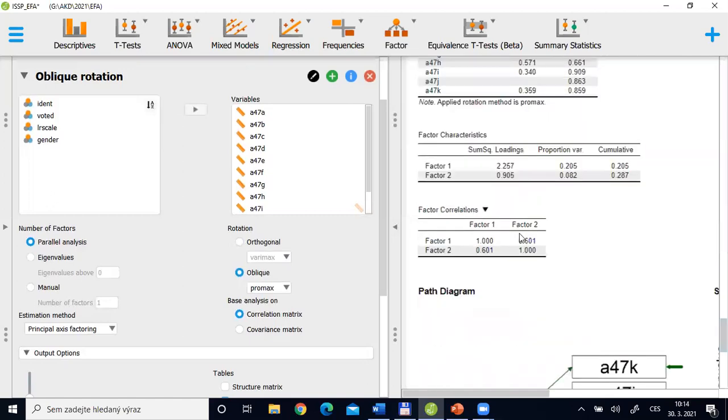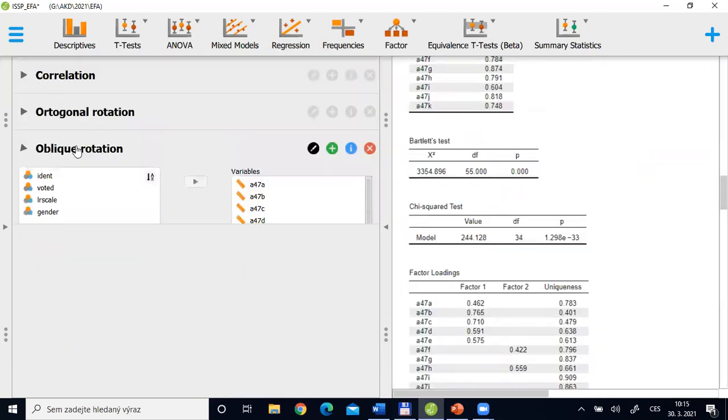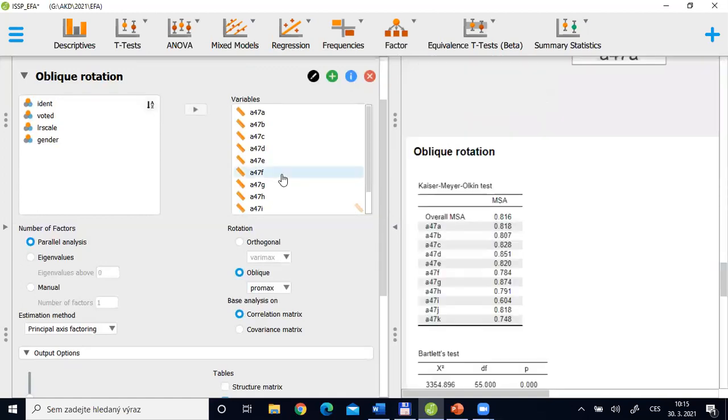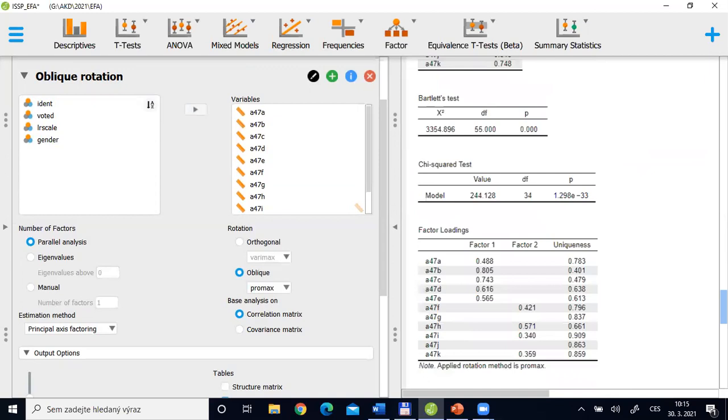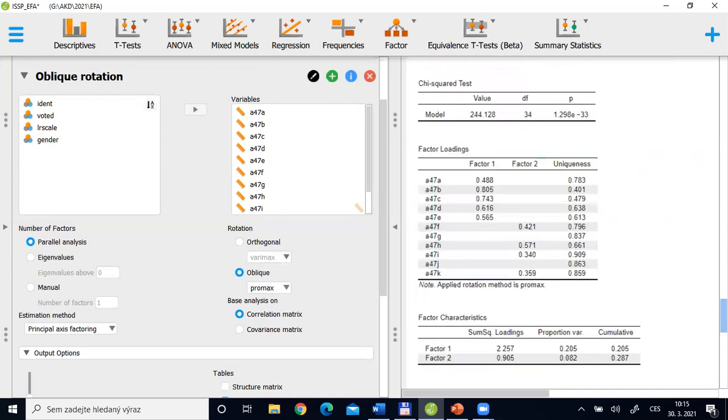If it is small, then you can skip to orthogonal rotation. If not, please keep the solution with oblique rotation, as we have here as the last solution presented in my pictures as well as in my tables.